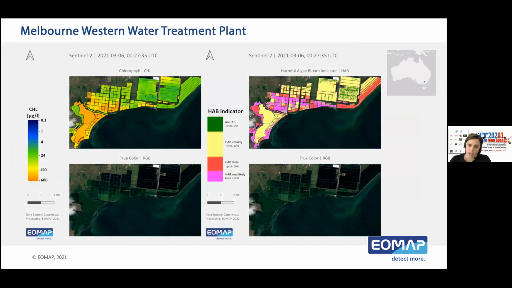Another example, which I really like, is the Melbourne Western water treatment plant. So here we see this system. We have on the left-hand side the chlorophyll A concentration of a Sentinel-2 image from March 2021. And on the right-hand side, we have the harmful algae bloom indicator, which is indicating a quite diverse system, because we have in these very pinkish colors a high likelihood of harmful algae blooms, whereas in the yellow and the greenish, we don't have a high indication of harmful algae blooms in this single image.